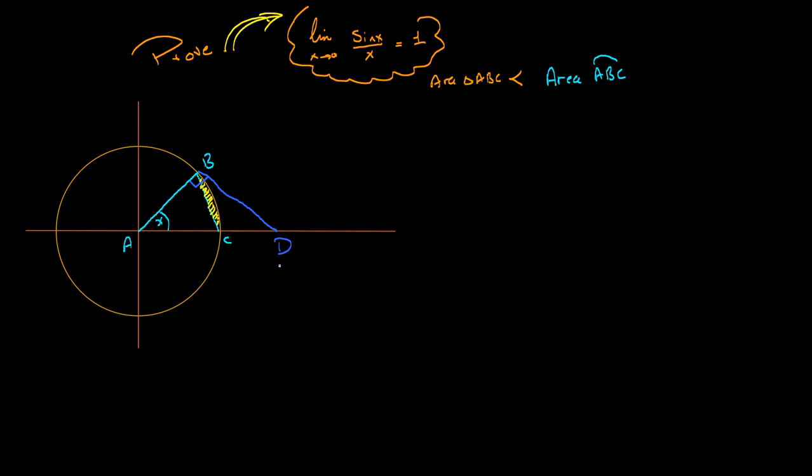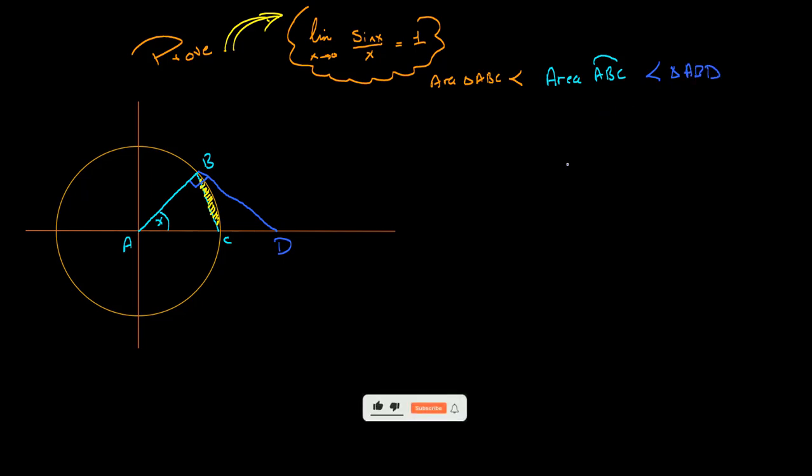Of course, the area of triangle ABD is bigger than both we have talked about, because the triangle ABC is part of the triangle ABD, and the sector ABC is part of the triangle ABD. So this area is smaller than the area of triangle ABD.